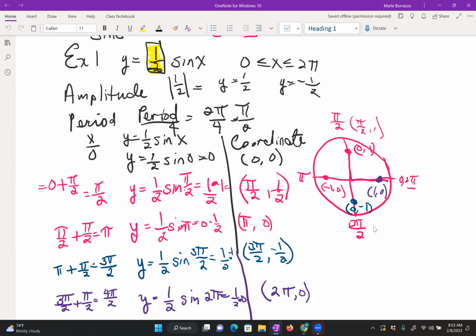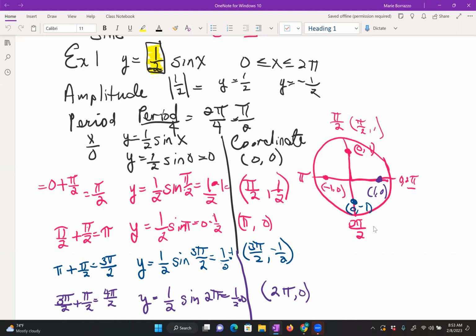The first thing you start with is what's in yellow, which is the amplitude. You take the absolute value of that amplitude, which is 1/2, which means that y as a range will be from y equals 1/2 to y equals negative 1/2.